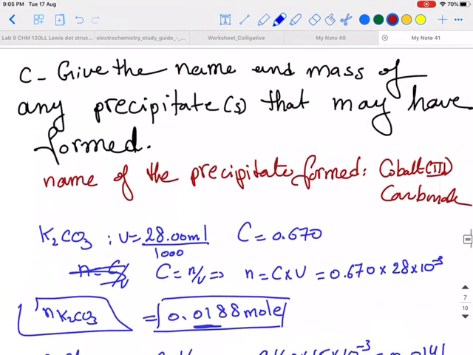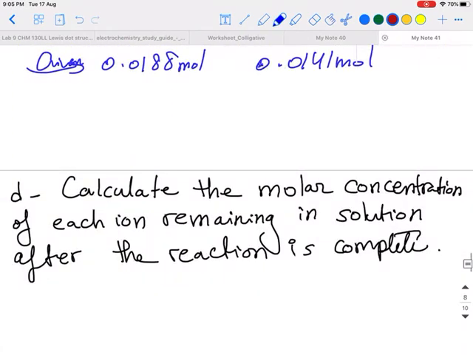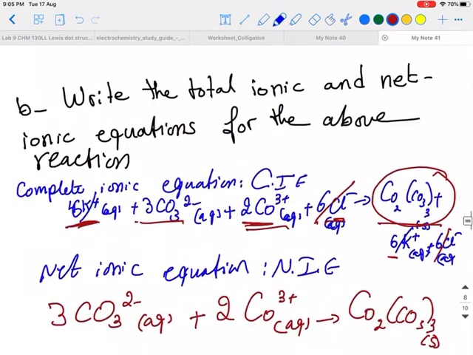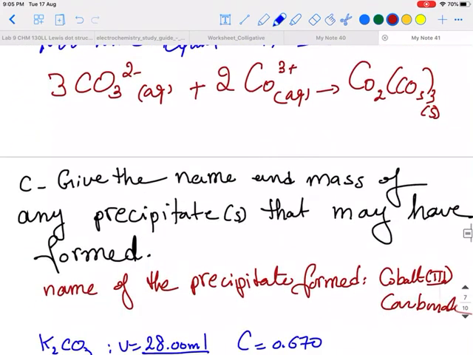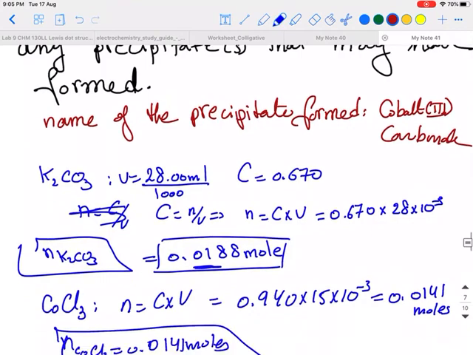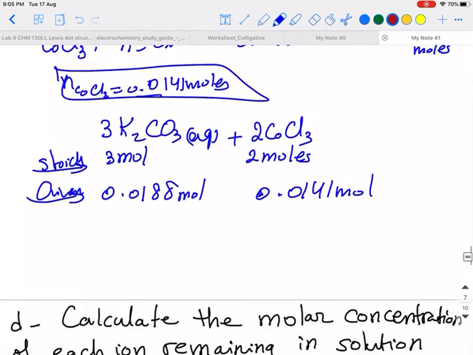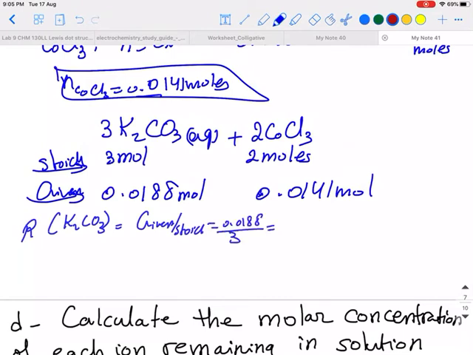Now let me find the ratio for both. Okay, let me check the balanced equation we wrote. Give the name and the mass of the precipitate. Okay, for part C, we are on the right track.